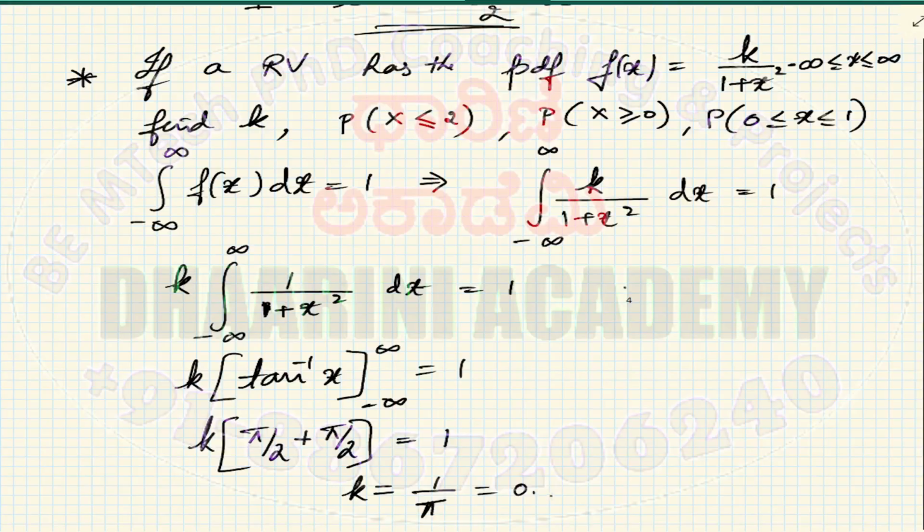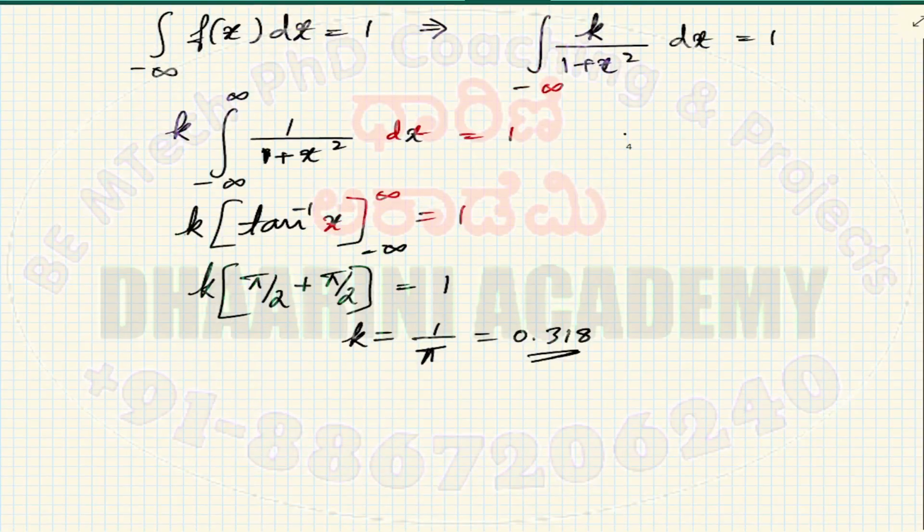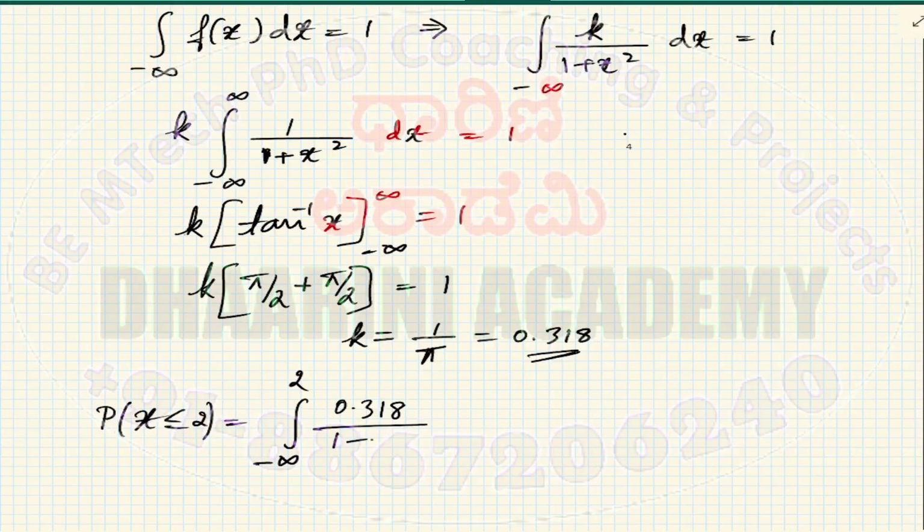yeah, this is 0.318. Now we have to use this value of k to find P of x less than or equal to 2, right? This should be calculated as integral minus infinity till 2 of f of x dx. f of x is 1 by pi, that is 0.318 divided by 1 plus x squared dx.